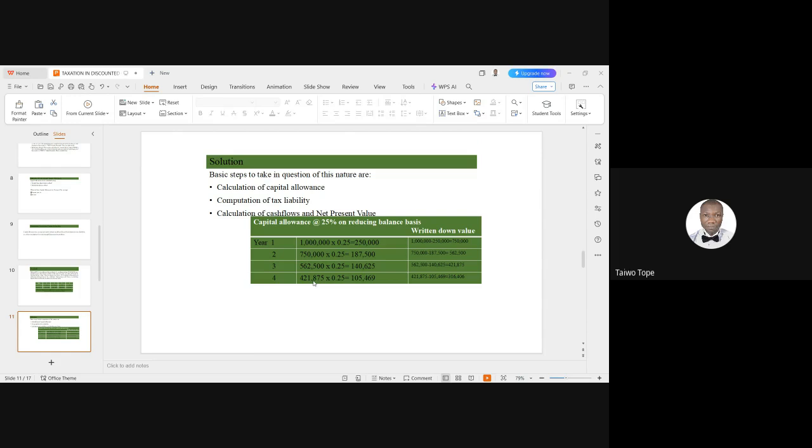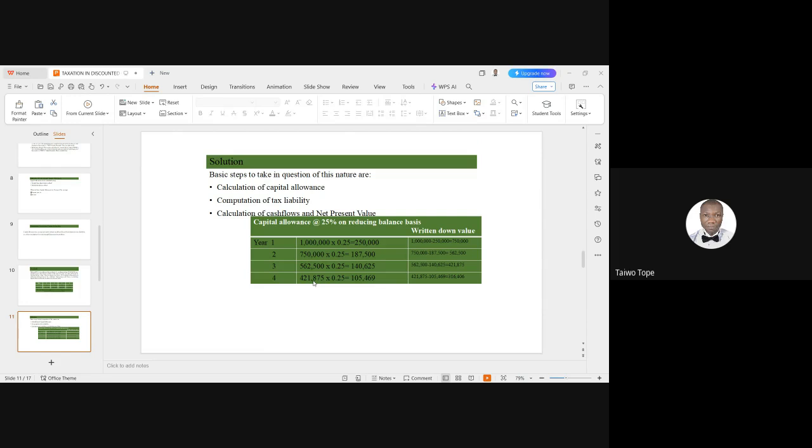Now, for year four, it will be 562,500 minus 140,625, you have 421,875. This is the value you charge your capital allowance on in year four, which will be 421,875 multiplied by 0.25. You have 105,469 as the capital allowance.